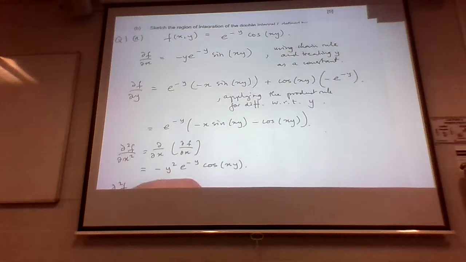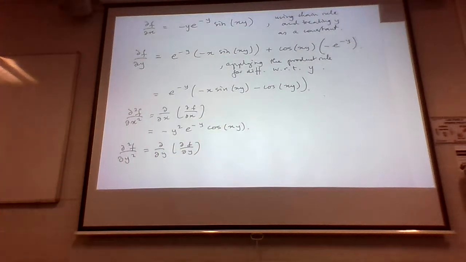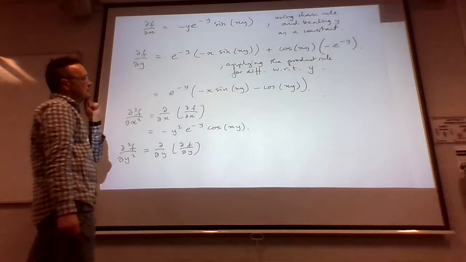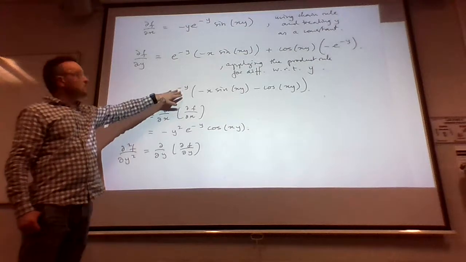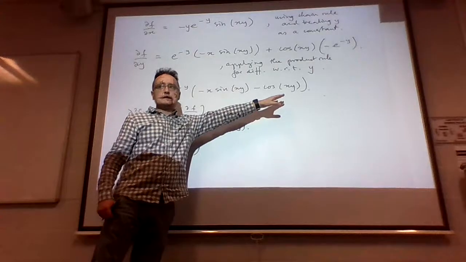d2f dy squared, which again is d dy, df dy. That maybe does, see, that requires the product rule again. But you see here the benefit of factorizing the thing, first of all. Because now you just have to apply the product rule on this thing multiplied by the bracket.